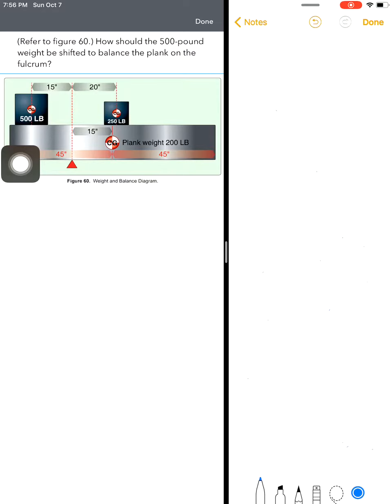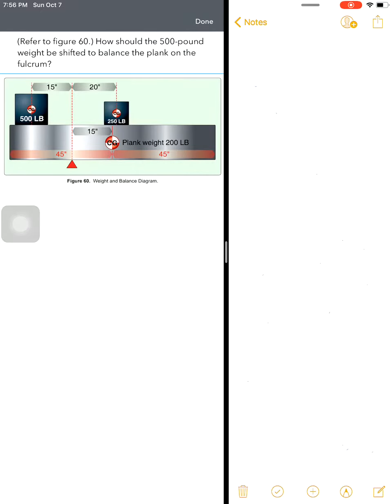What I'm going to do is multiply the arm 20 by 250 pounds, some baggage there. 20 multiplied by 250 equals 5,000 there.